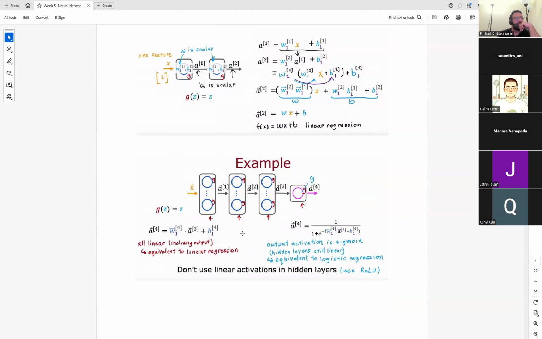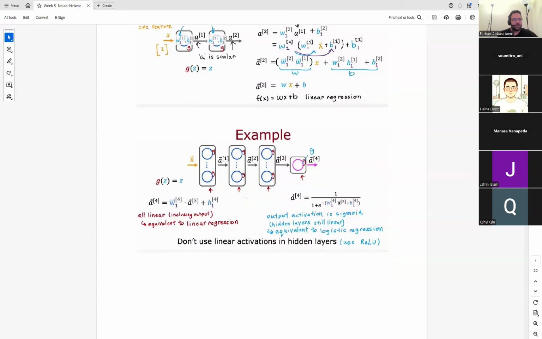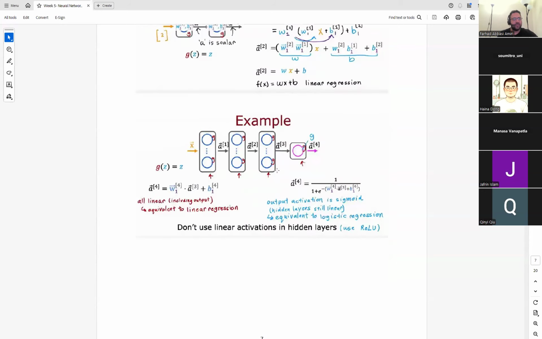Or here, you can see this structure, right? We have three hidden layers, and then the last layer, the output layer.